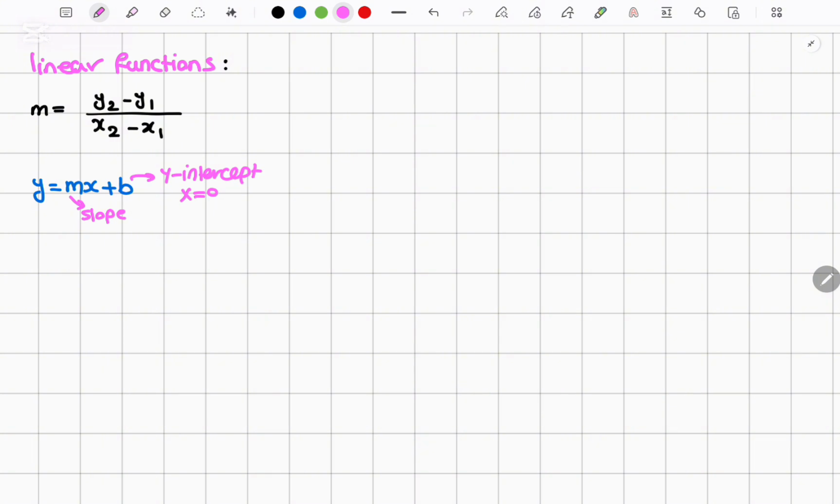So this formula is called the slope-intercept formula. And the name of the formula itself will tell you what it has. It has the slope and it has the y-intercept. So that's why we call it the slope-intercept formula. As you can see, this is a formula in which y is isolated and the rest of the function is written on the other side.